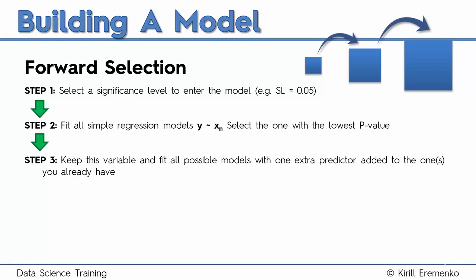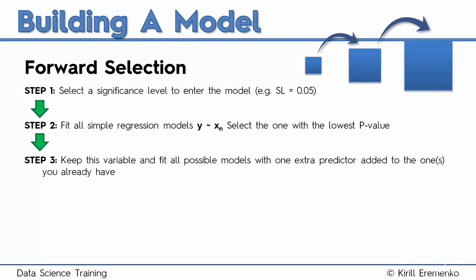So what does that mean? That means we've selected a simple linear regression with one variable. Now we need to construct all possible linear regressions with 2 variables, where one of those 2 variables is the one we've already selected. So basically we add on all of the other variables one by one. We choose, okay, let's add on this variable, and then let's add on the next one, but separately.